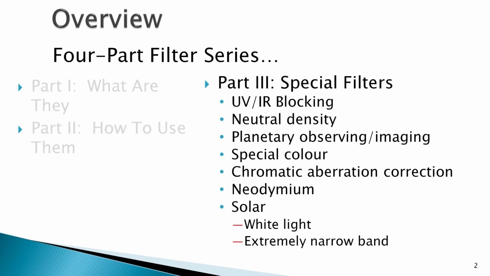In Part 3, this video, I will discuss the following special filter types: UV-IR blocking, neutral density, planetary observing imaging, special color, neodymium, chromatic aberration correction, and solar filters, including white light and extremely narrow band. Part 4 of this video series will discuss some advanced topics such as extremely narrow bandwidth filters and use with fast optics.